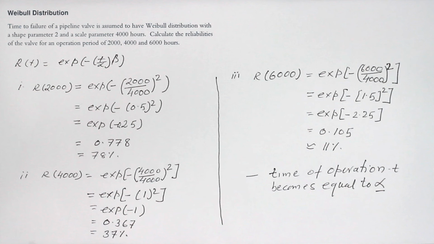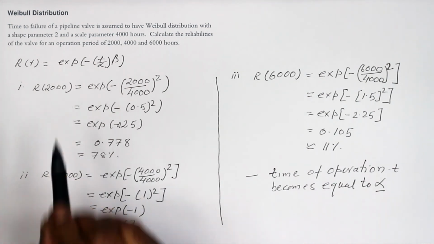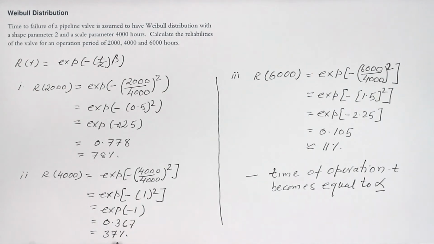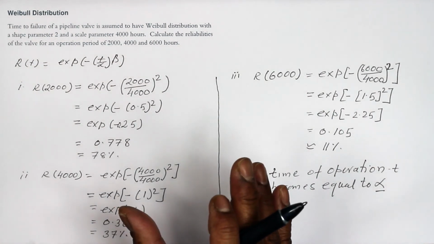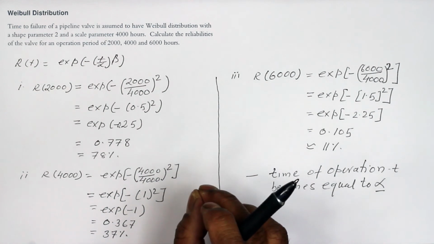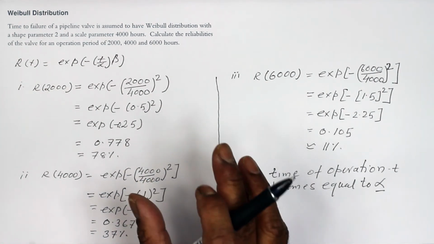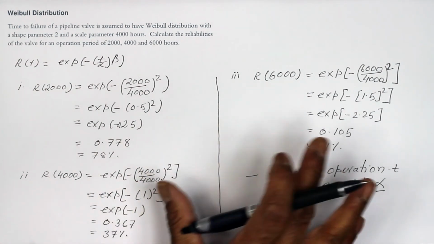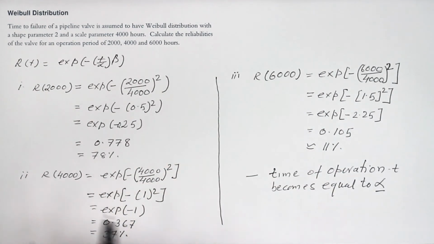And this is the characteristic used for developing graphical methods, etc. Take example 2, where t is equal to the scale parameter alpha, and you get 37%. So whatever the time of operation, when it becomes equal to alpha, you always get a reliability of 37%. That means at that point 63% of items are supposed to fail. And this is a very useful characteristic of Weibull distributions.